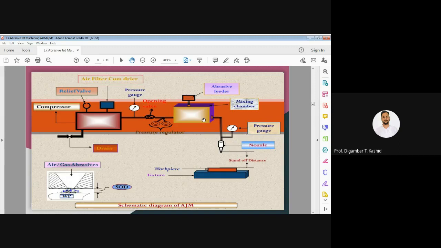Also, there should be a vacuum dust cleaner, which is a part of this mixing chamber and is attached to your machine chamber. Now, what is the purpose of this vacuum dust collector attached to the machine chamber?